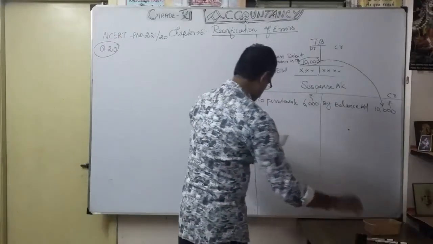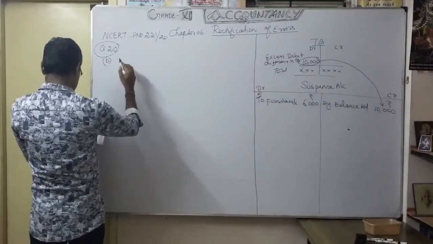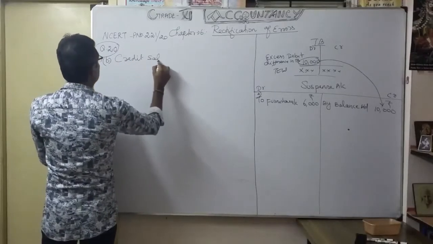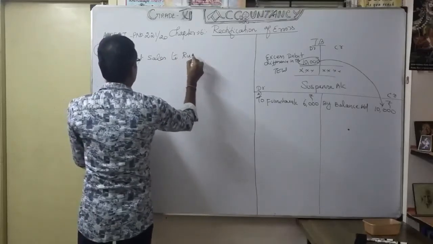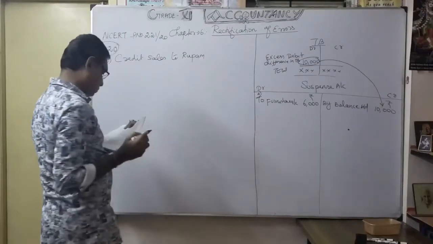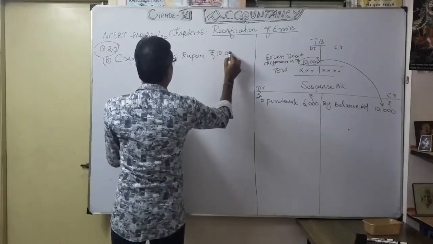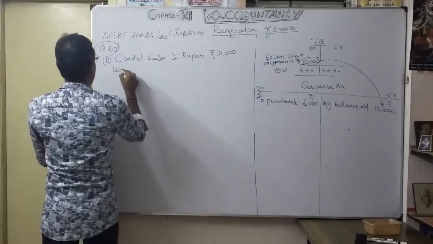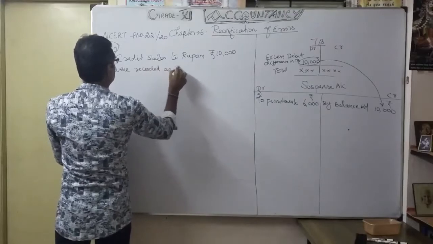See, transaction B, what is that? Credit sales to Reuben, isn't it? Credit sales to Reuben, how much did we do? 10,000, were recorded as how much?